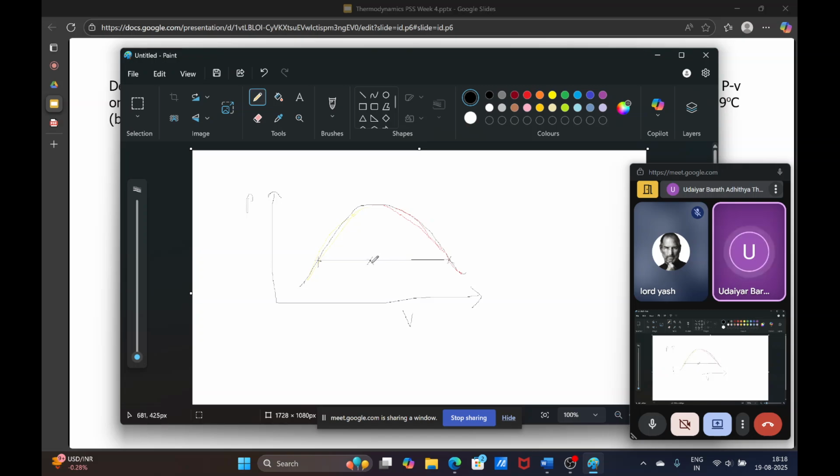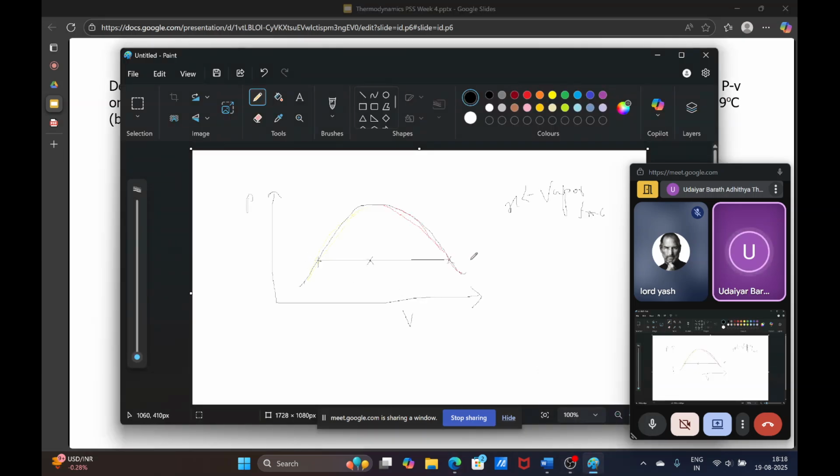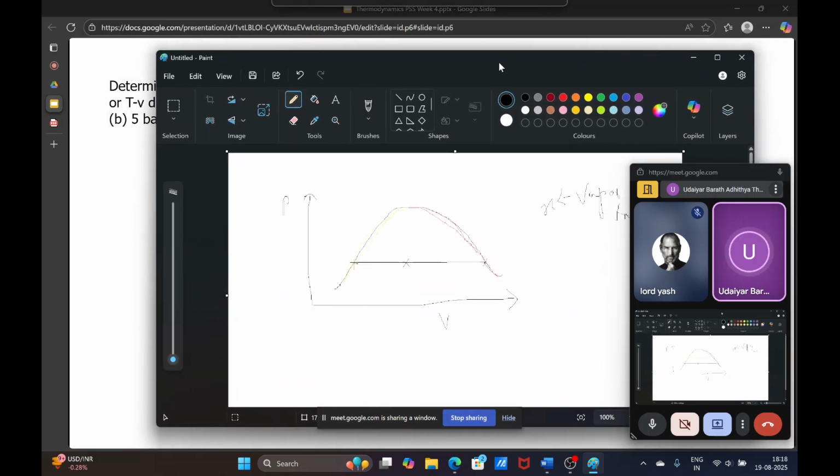That is a two-phase case, and whatever x you determine is your vapor fraction. That determines how much saturated vapor is present. In the first case, Tsat was at 5 bar and 151.9, which represented your saturation case, and the second case was 5 bar and 200 degrees Celsius, where it existed as a superheat.